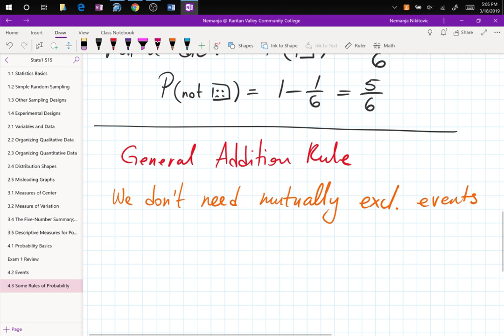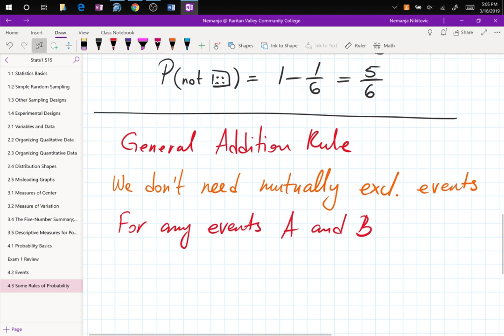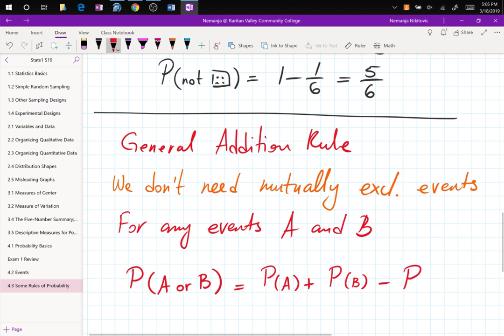For any events A and B, the formula says the probability of A or B is the probability of A plus the probability of B minus the probability of A and B.